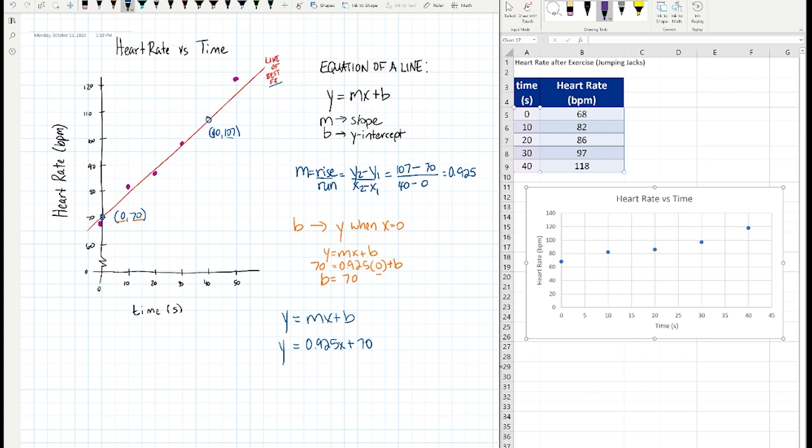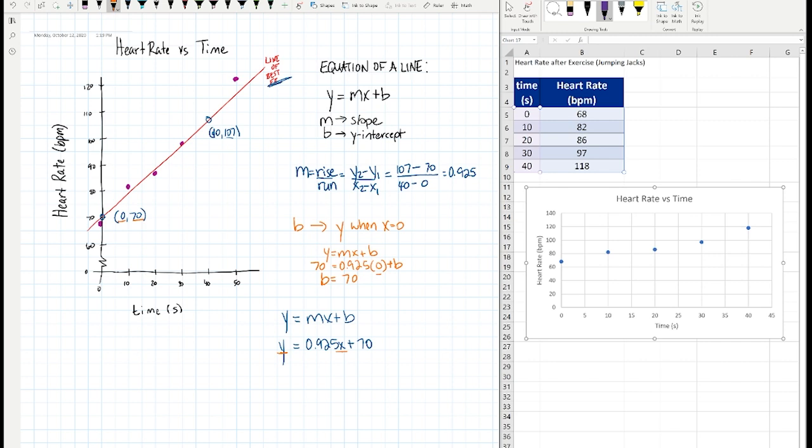And another thing that you should do when you're writing the equation of a line that's representing specific data, instead of writing it in terms of y and x, you should change those variables to things that make sense. In our graph, what is the value of y? Y is representing heart rate.